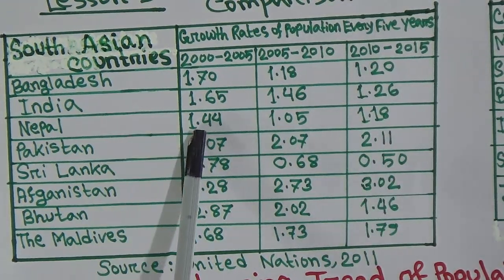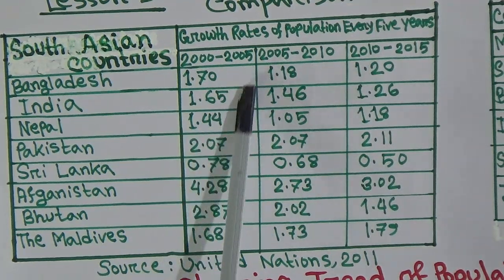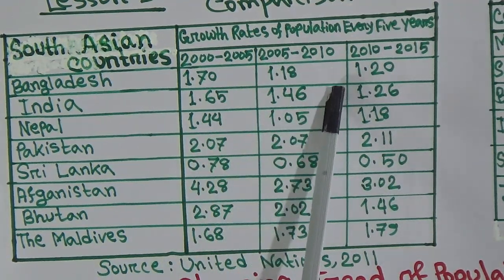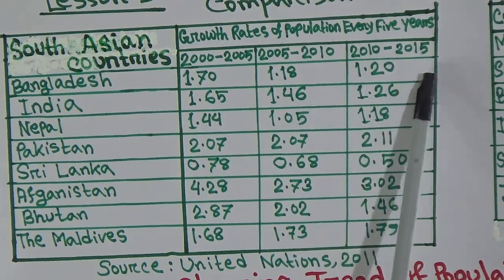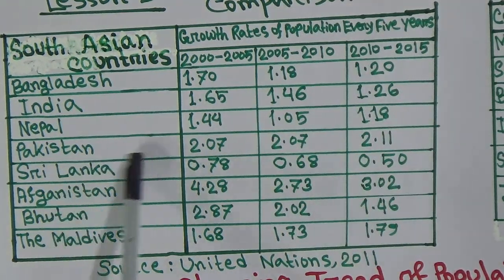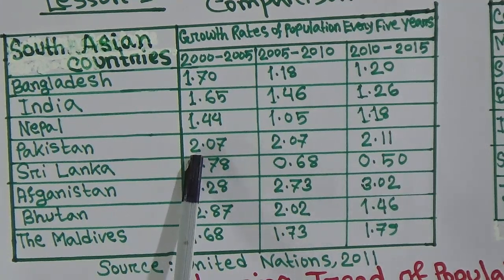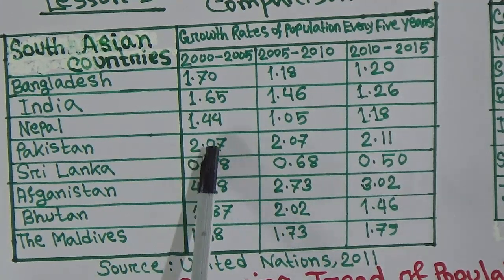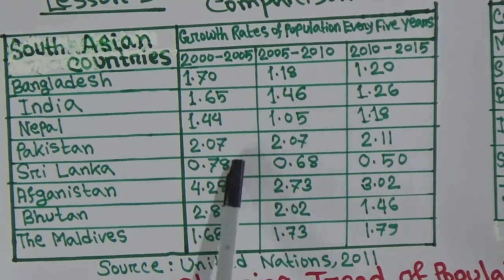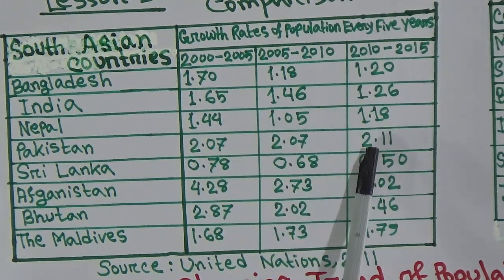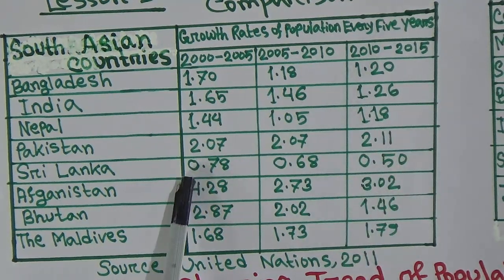And go to Nepal, 1.44 in 2005, 1.05 in 2010 and 1.18 in 2015. Next Pakistan. First of all, in 2005 it was 2.07. Next, there is no change here, both are the same, and the last one is 2.11 in 2015.